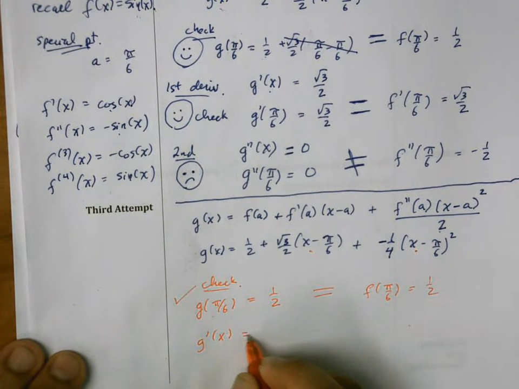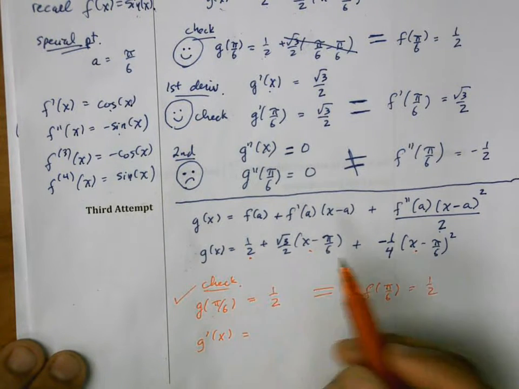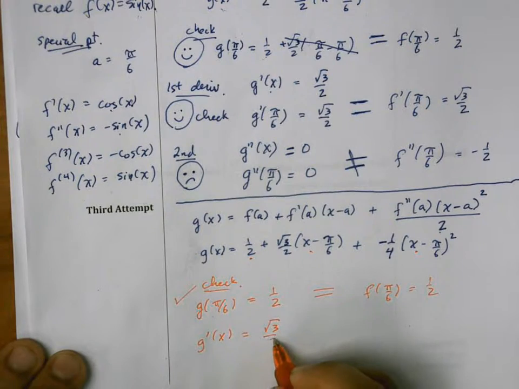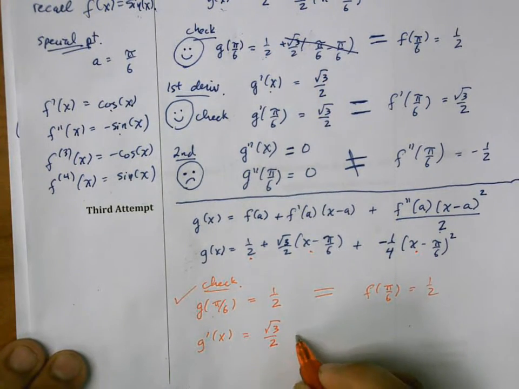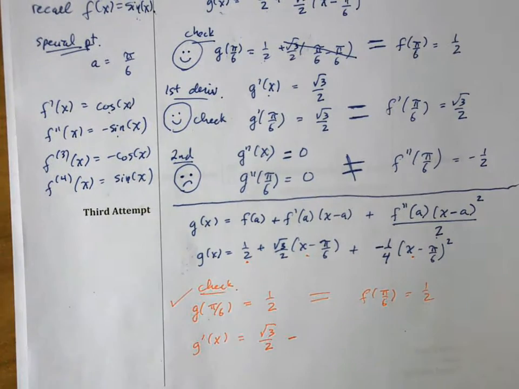Now let's see what happens with g prime of x. This 1/2 here goes away, and in this part we're left with root 3 over 2. And then minus, and here's why the square is necessary.